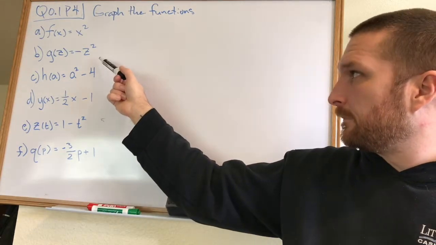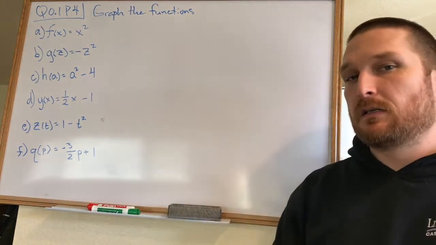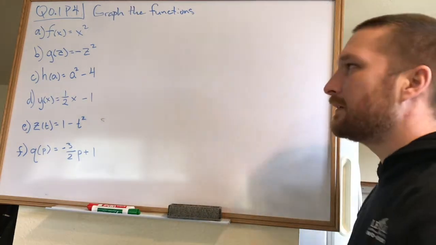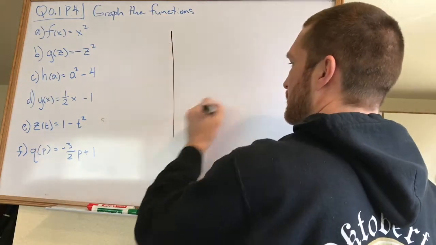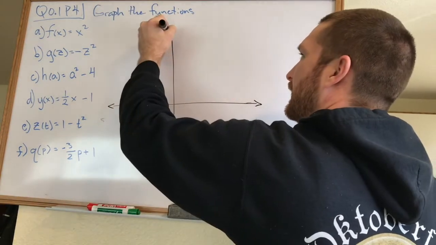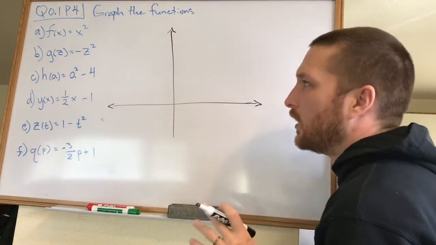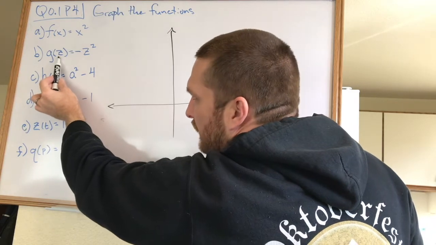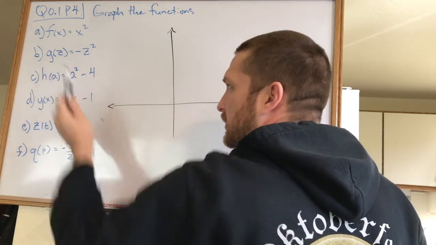Part B, g of z is equal to negative z squared. Don't let these letters confuse you. This is all we're doing. If you ever doubt what's going on, this always tells you what the input is. We always put our inputs going into the functions like that.